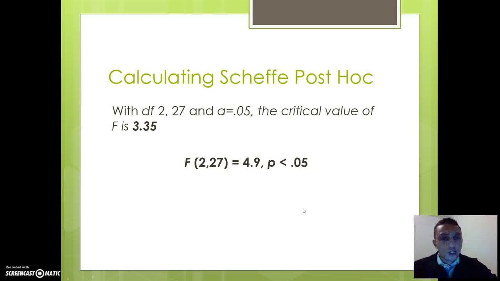Okay, so with degrees of freedom 2 and 27 and alpha 0.05, the critical value of F is 3.35. And you remember the value we got for F sub A versus B was 4.9, and that's greater than 3.35. That means the F ratio we obtained is in the critical region.